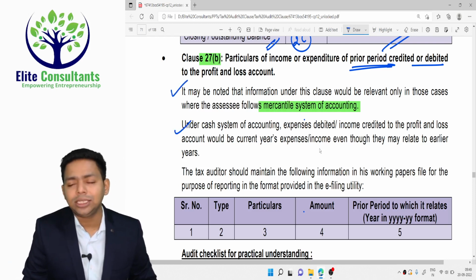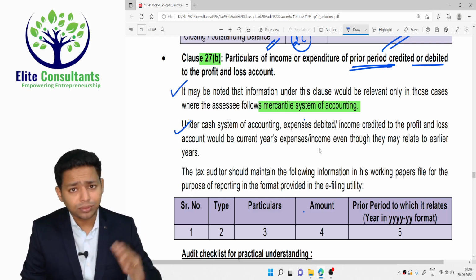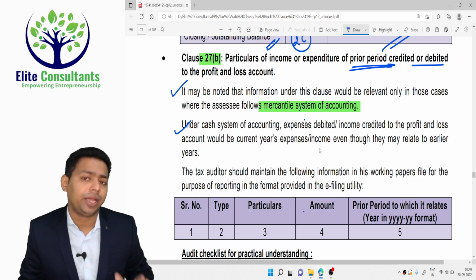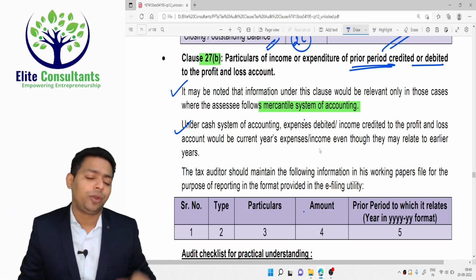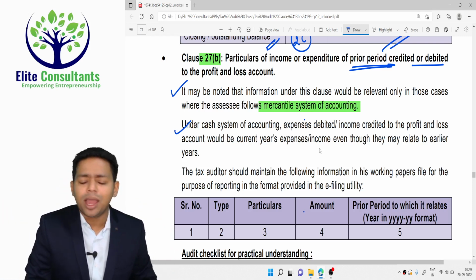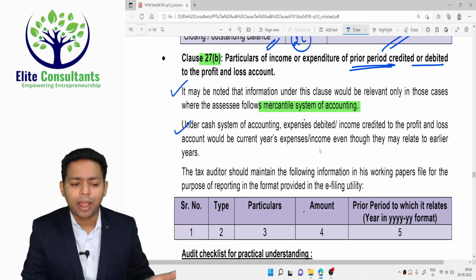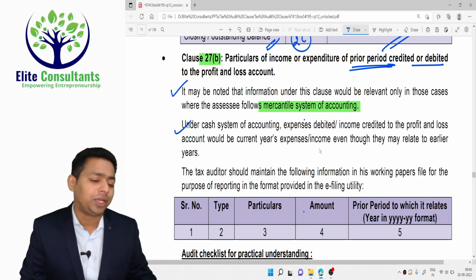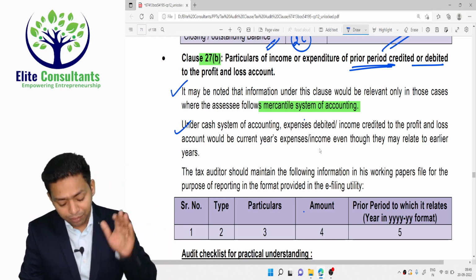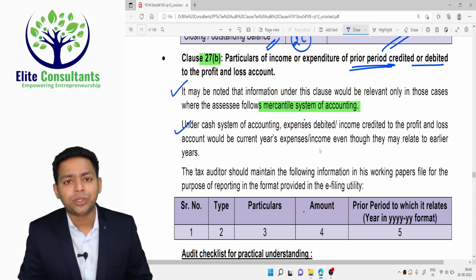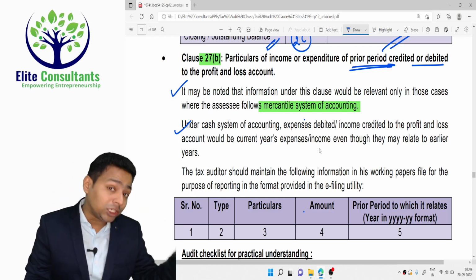But in the mercantile system of accounting, the government is a little concerned about whether expenses actually belong to this particular year, so it must be incurred during the previous year. But sometimes, due to rectification of error or some items omitted during the last financial year, you are making payment and incurring expenditure in the current year, but it belongs to the past 4 years.